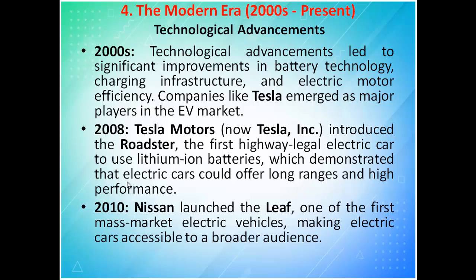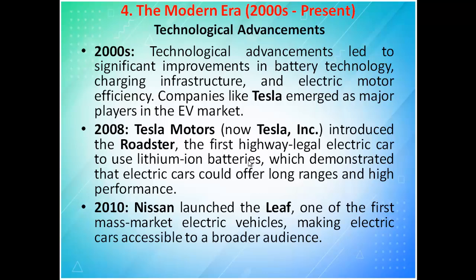The modern era is nowadays, so we call it 2000 to present. In 2000, technical advancement led to significant improvement in battery technology. Charging infrastructure developed, and various highly efficient electrical motors were developed. Companies like Tesla emerged as a major player in the EV market. In 2008, Tesla introduced the Roadster, the first highway legal electric motor vehicle to use lithium ion batteries.